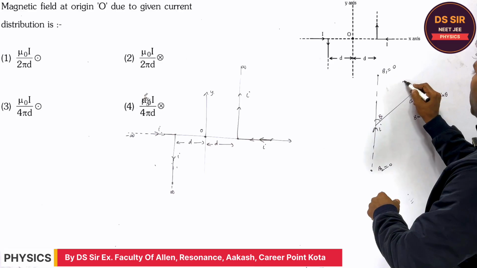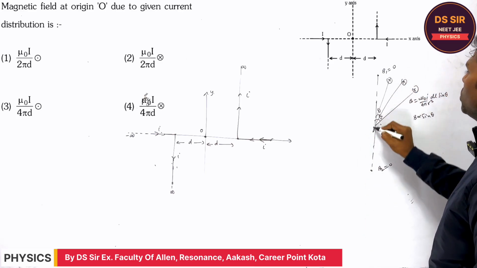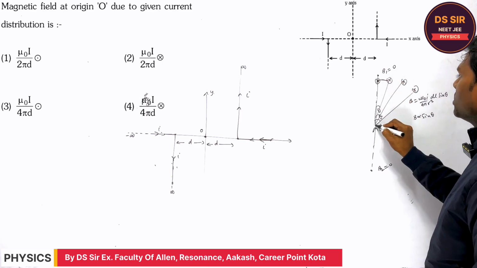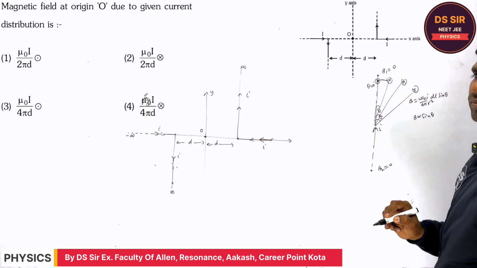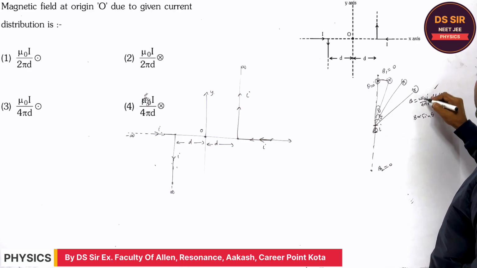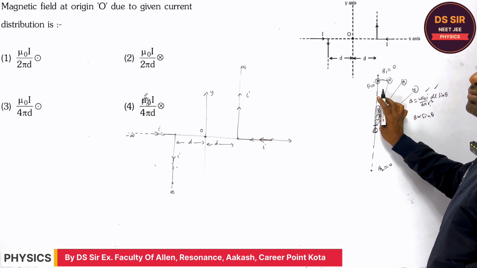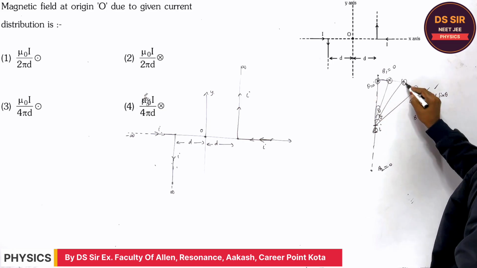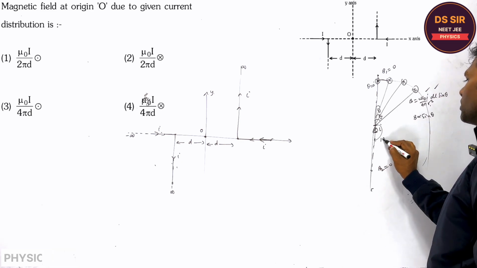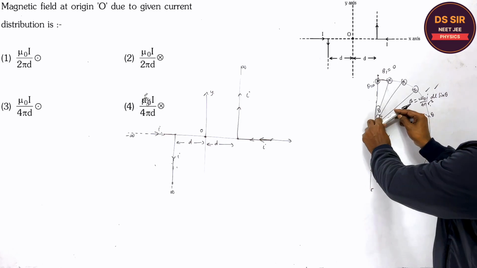If this point shifts to this point, the theta is reducing to 0. When the point is like this, theta becomes 0. Although due to this dl, everything is there, I is there, dl is there, r is also there, but theta becomes 0. In the same way, if this point comes here, this angle becomes 180 degrees.